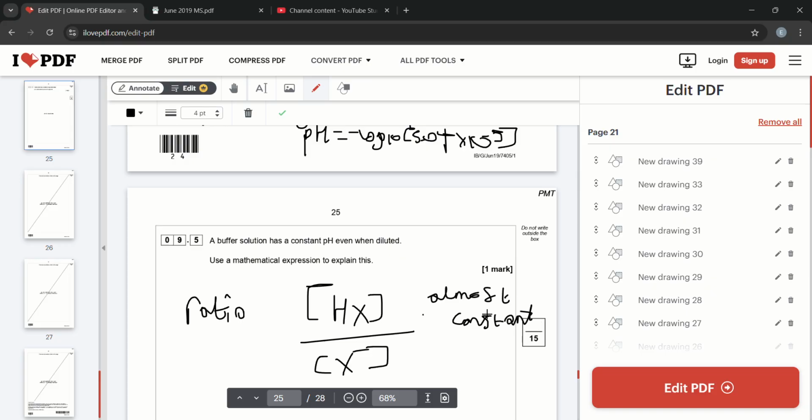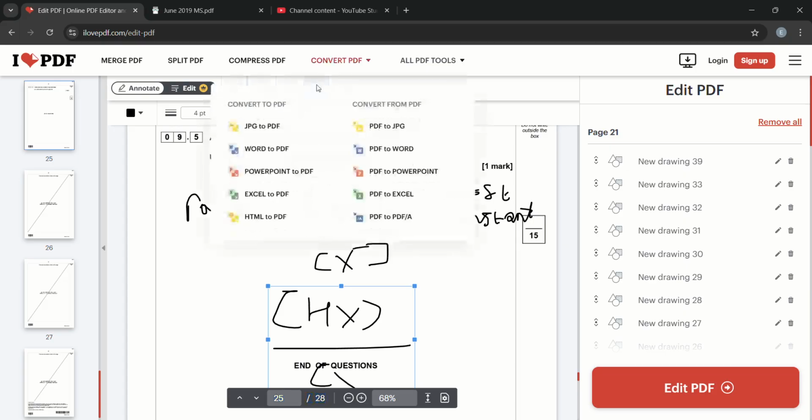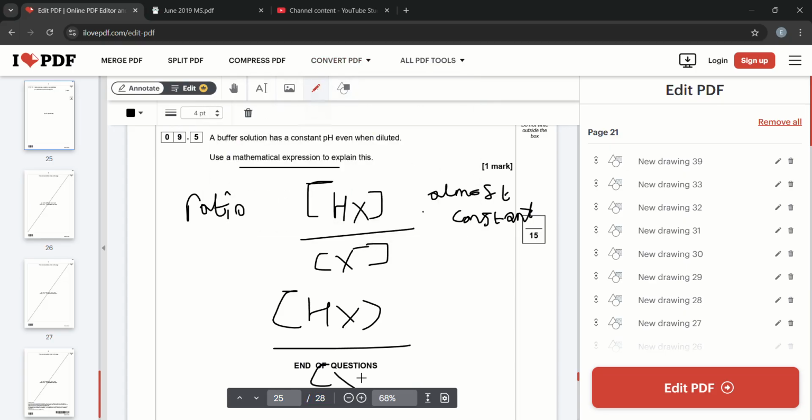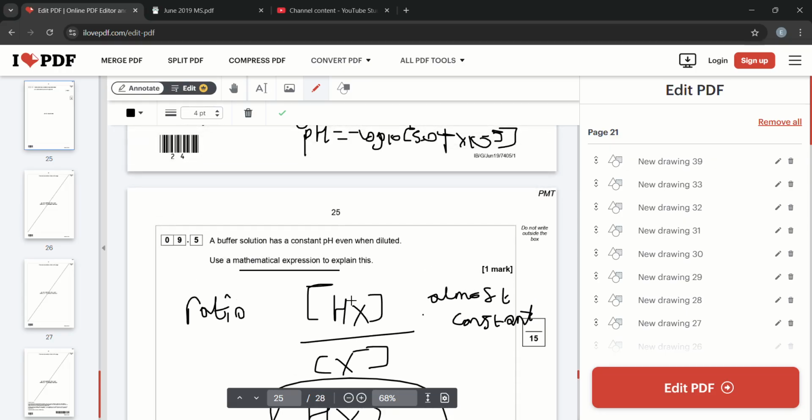But it wants a mathematical expression to explain this, so the mathematical expression is [HX] over [X minus], with square brackets, obviously, and that is the end of question 9.